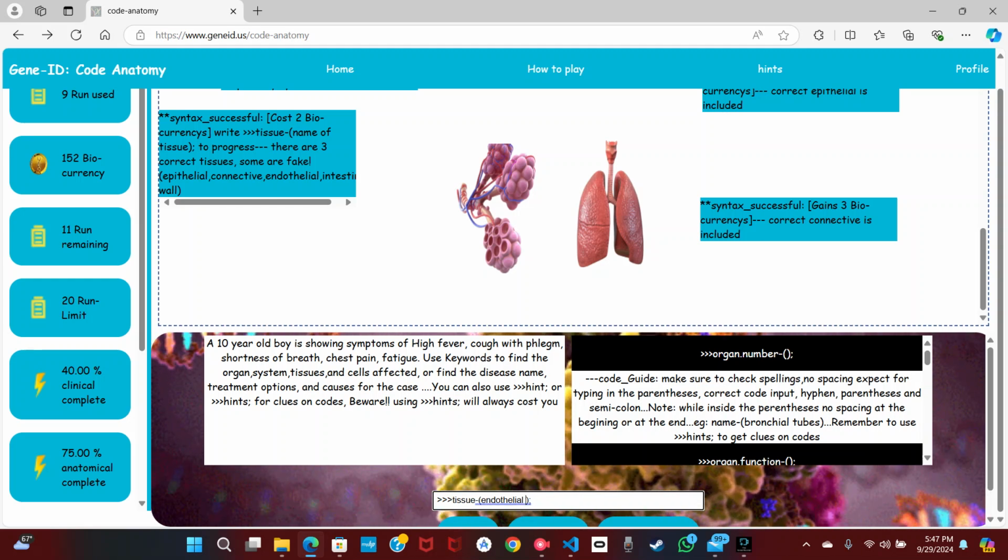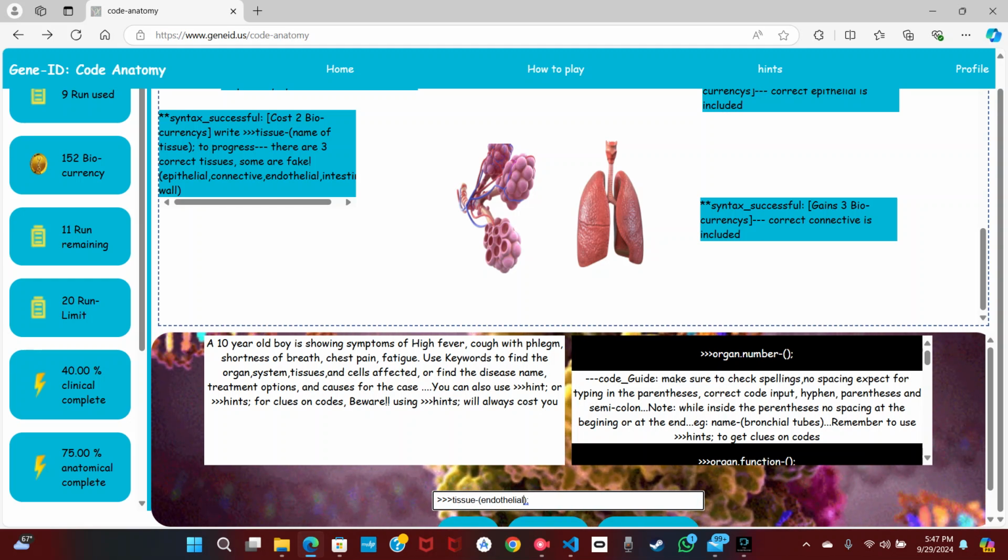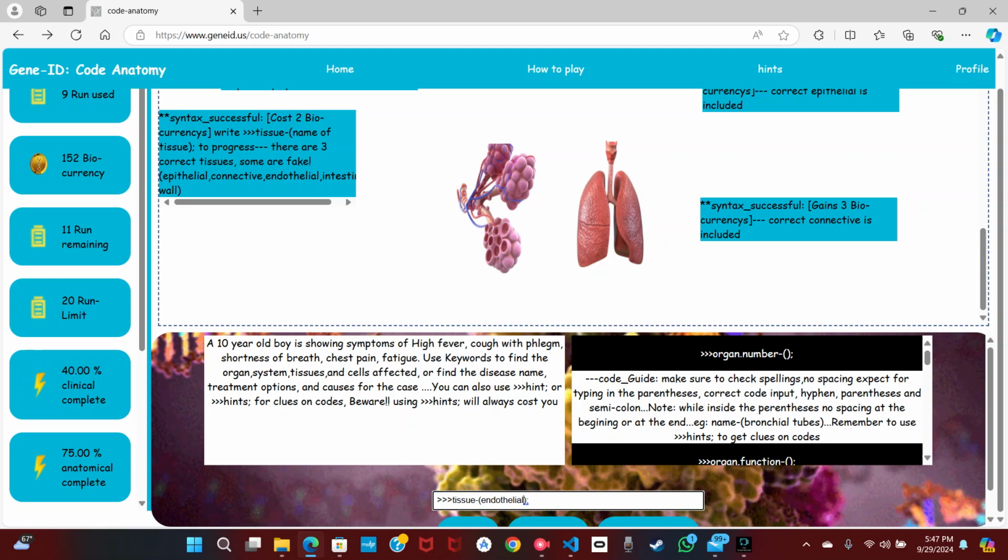But to keep things simple, I just wanna basically write it the way it's been written here. If you wanna be on the safer side, because sometimes if you write it differently, it may work or it may not work. I just highly recommend that the way you see the answers here, just write it that way, no spacing at the end. So that way you can have a clear answer.